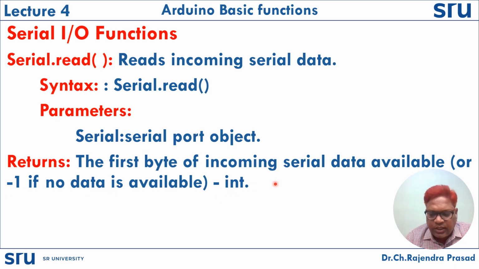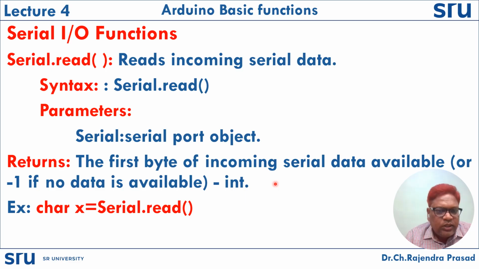The syntax is: we need to write char x is equal to Serial.read. With the help of this command, we can read the data from the serial port, and it receives only the first incoming data as a character. If nothing is received, it will return -1.